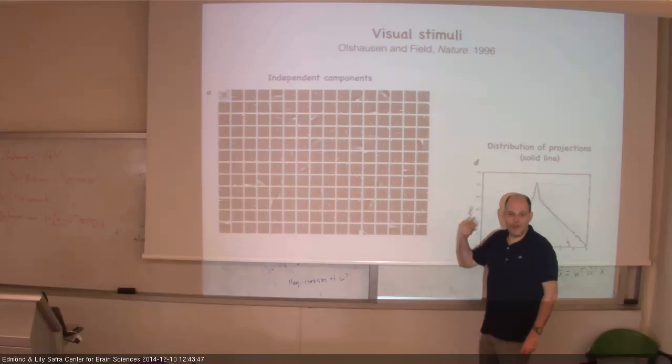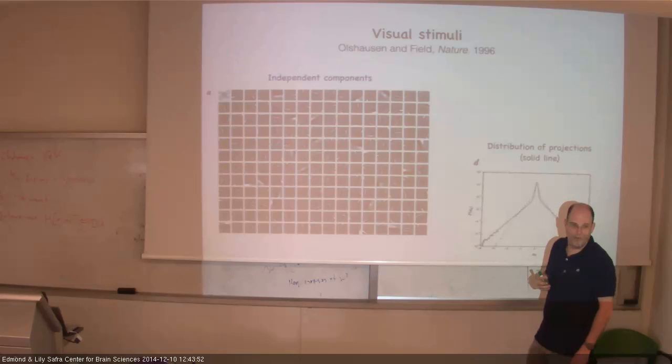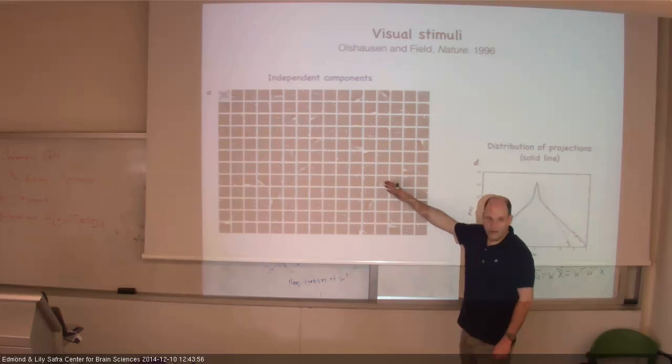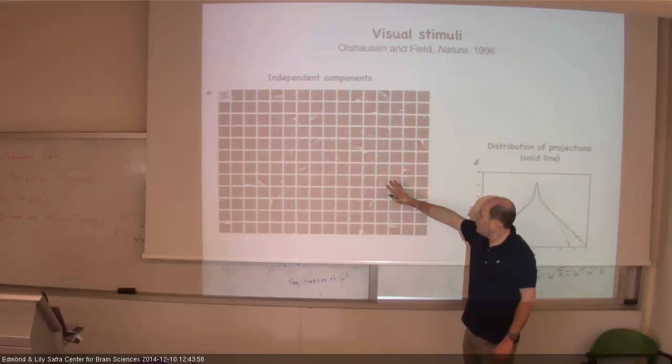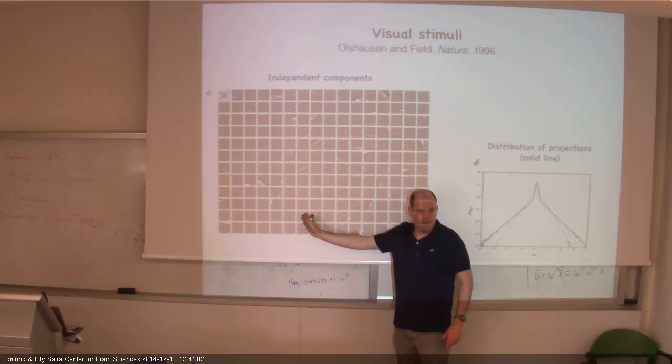And they look qualitatively quite similar to receptive fields that are observed in visual cortex. One thing that is a bit difficult for you to see here, but is true, is that first of all, it's easy to see that these things are typically oriented. They have some spatial frequency. What does that mean?